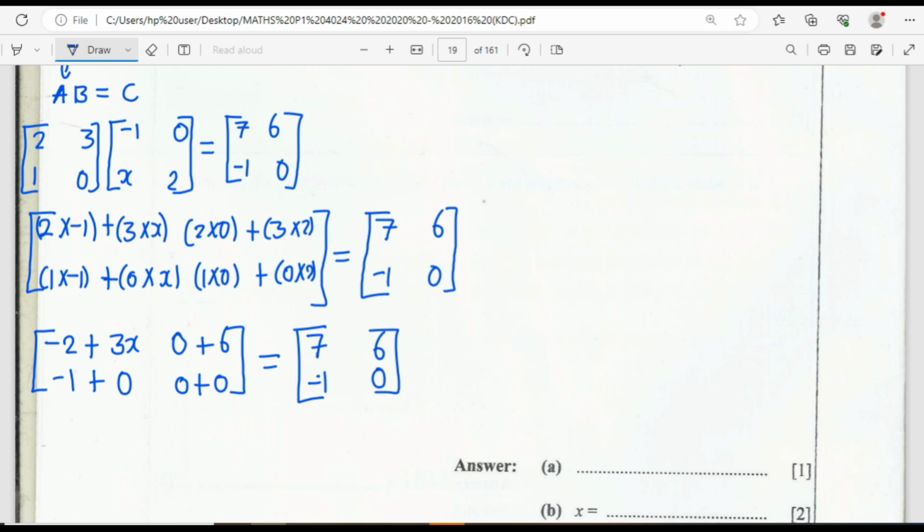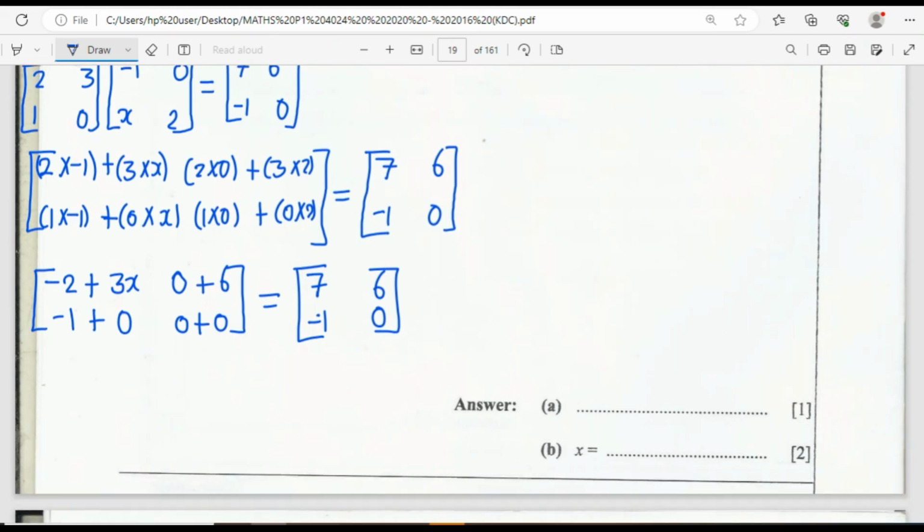Maybe let's simplify it so that you see what I'm talking about. We know that these are unlike terms, so we'll just say negative 2 plus 3x. 0 plus 6 is 6. Negative 1 plus 0 is negative 1. 0 plus 0 is just 0, equal to this.